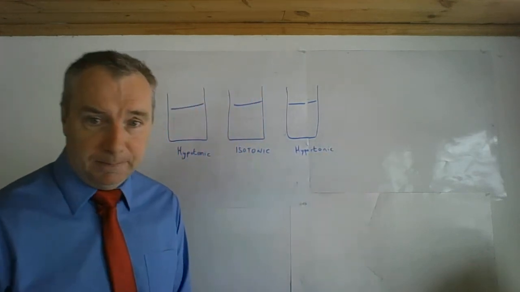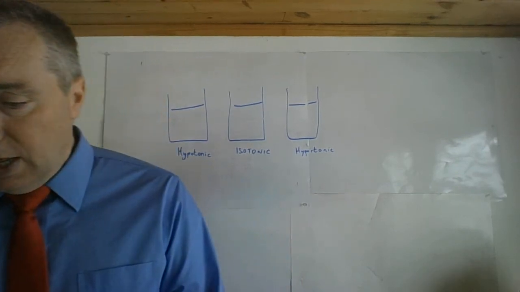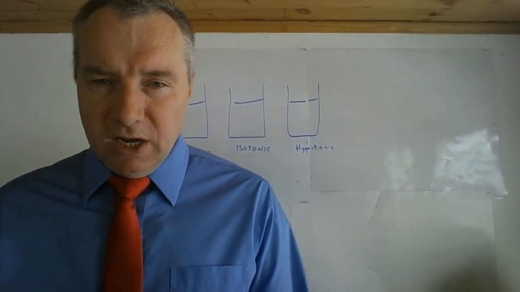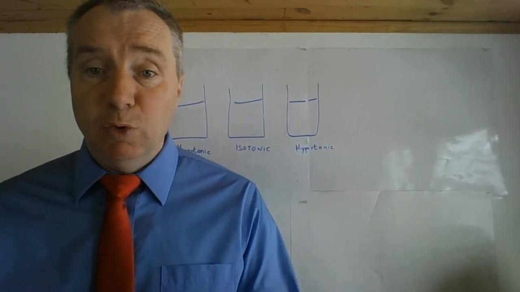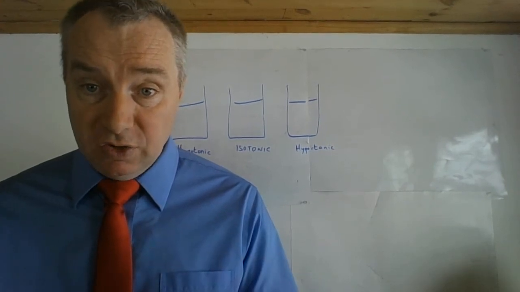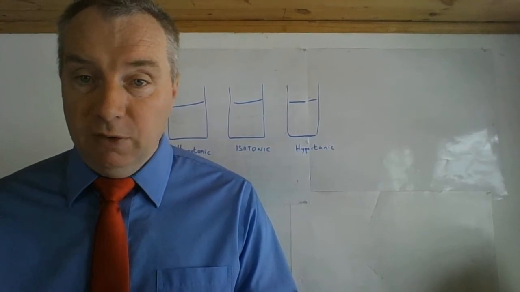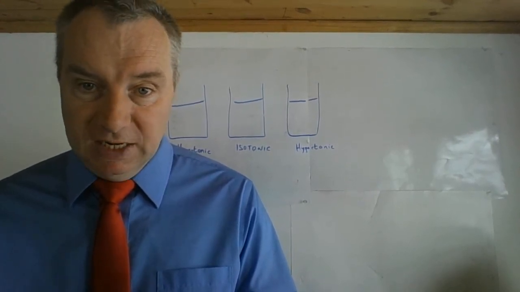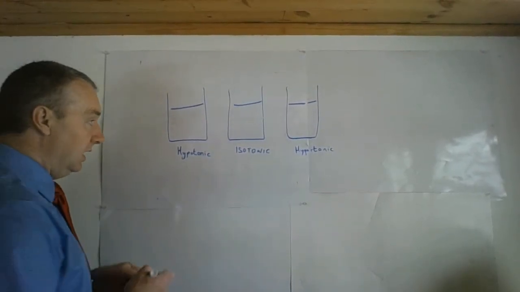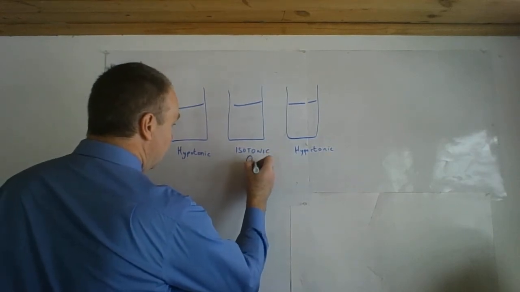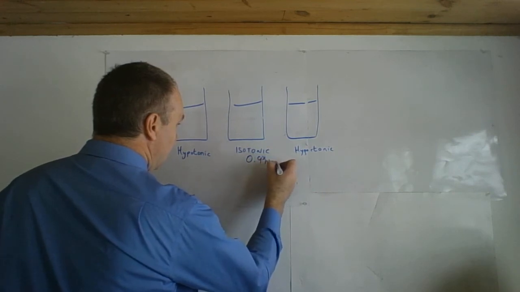Now, tonicity actually refers to concentration. Hypotonic would be, and tonicity means in relation to the ordinary concentration in the human body. So let's say the ordinary concentration in our cells. If we're talking about humans, of course we could be talking about any animal or plant, but in our case, normal isotonic is 0.9% sodium chloride.